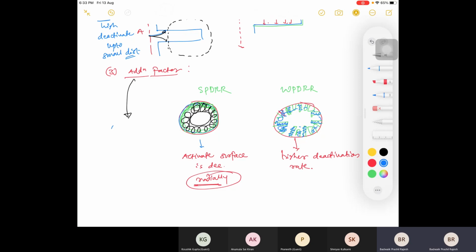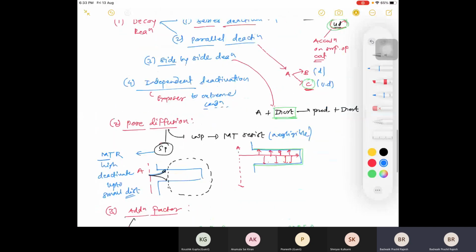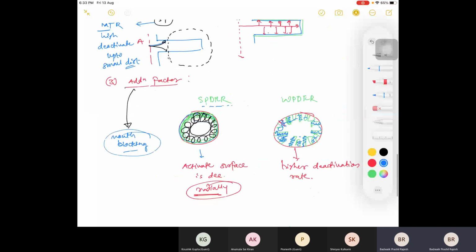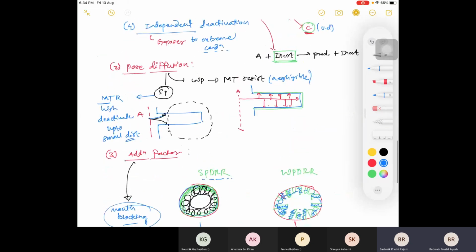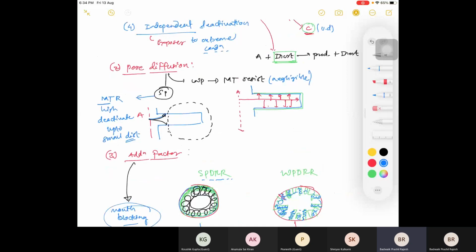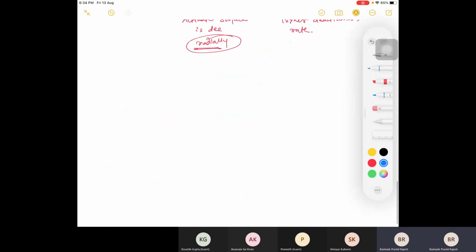Mouth blocking is similar to SPDRR, but there is a bit of difference between the two, so I encourage you to read about mouth blocking. That comes under additional factors. Are you clear up to this, decay reaction and pore diffusion and additional factors? Whatever is not covered in pore diffusion and decay reaction will come under additional factors.